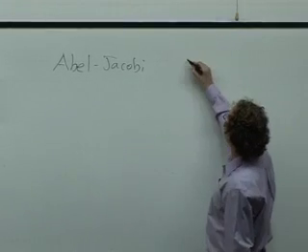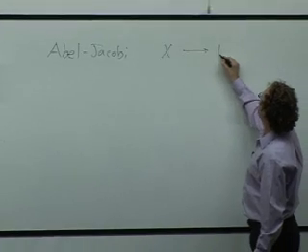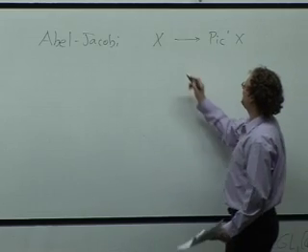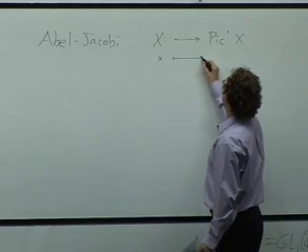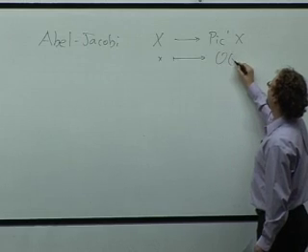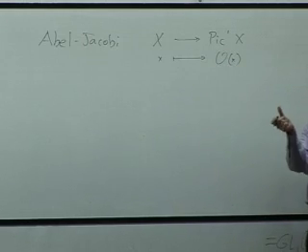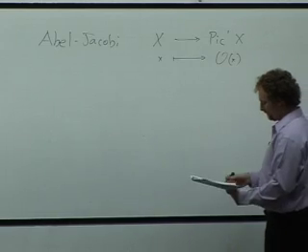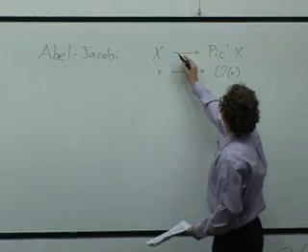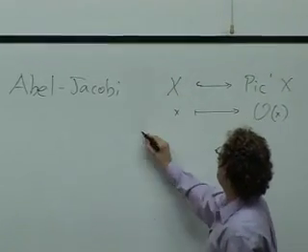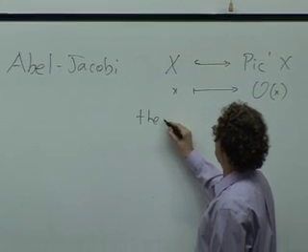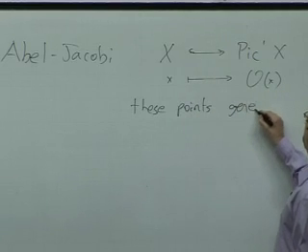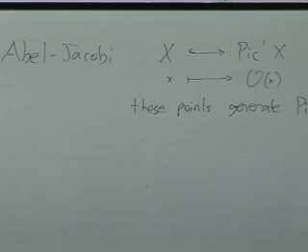I'm going to think of it as a map from x to Pic in degree 1. Yesterday I put it in degree 0. Pic^1 of x, which sends a point x to the line bundle O of x. So I just have a divisor which is 1 at the point x and 0 everywhere else. This gives me a set of points, and in fact this is an embedding of x into Pic^1, and the image of this map generates the group Pic of x.